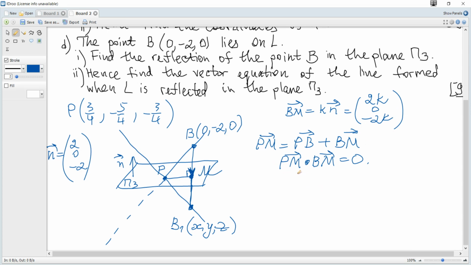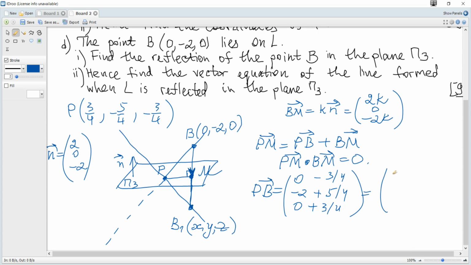So we should find the PB vector. Its coordinates are the coordinates of point B, (0, -2, 0), minus the coordinates of point P, (3/4, -5/4, -3/4).